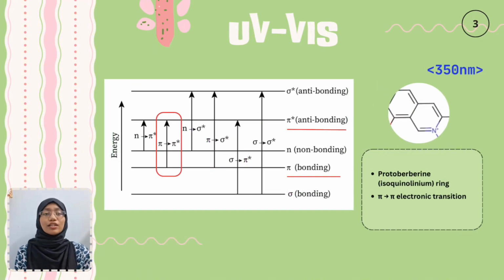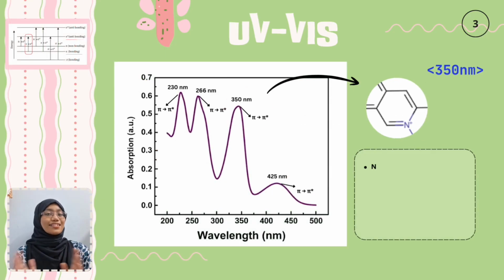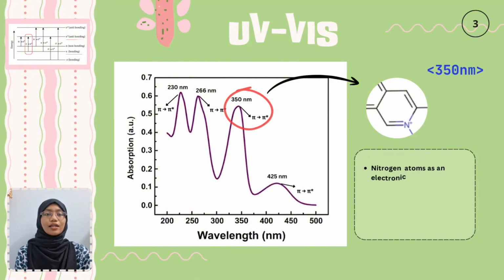The electronic transition observed at 350 nm is still a pi to pi star transition, same as previous. In summary, this peak highlights the importance of electron delocalization in the protoberberine structure.